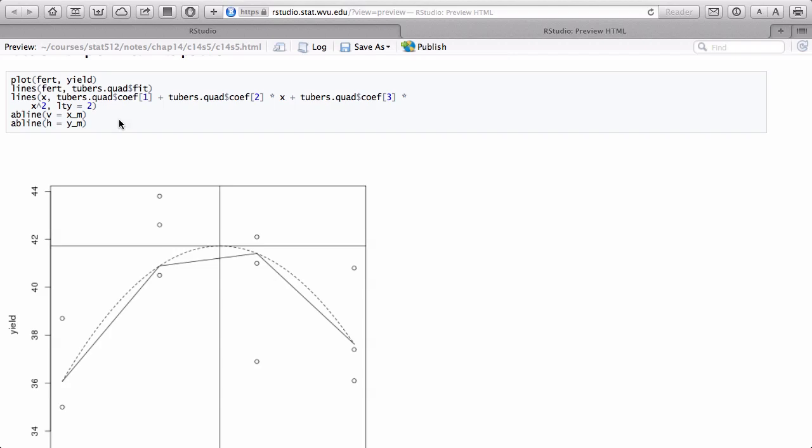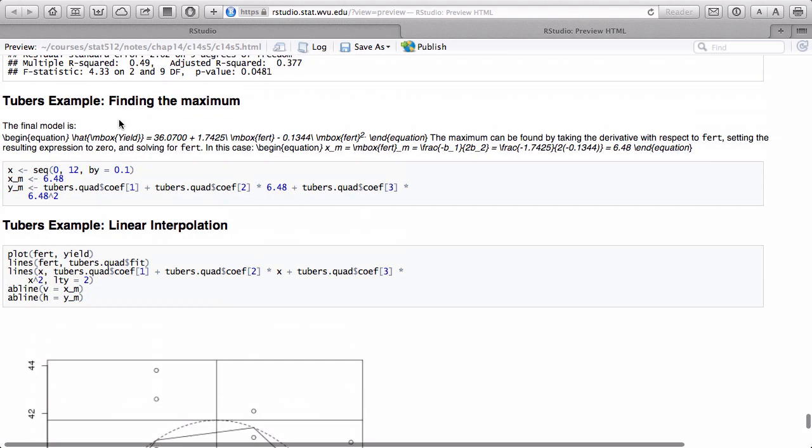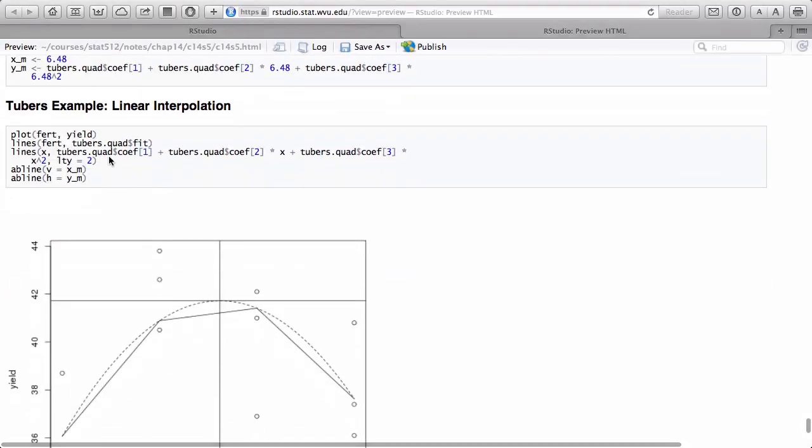model. And so I define an x. I said x, I want a sequence from 0 to 12 by 0.1. So this is a sequence from 0 to 12 by 0.1s. So what I'm going to do is I'm going to fit another one, lines of x, which goes 0, 0.1, 0.2, and so forth up to 12.